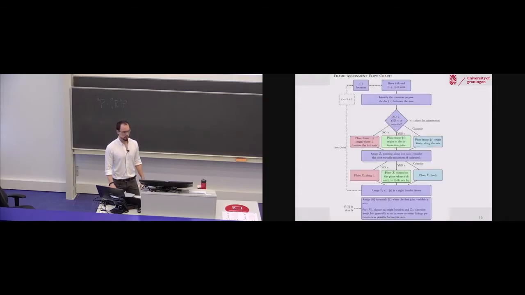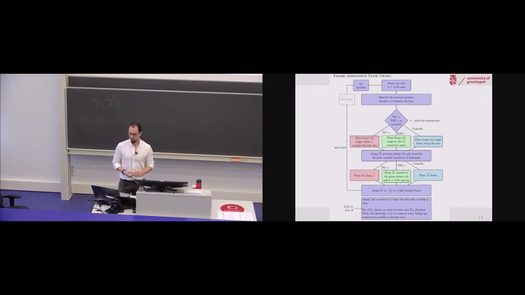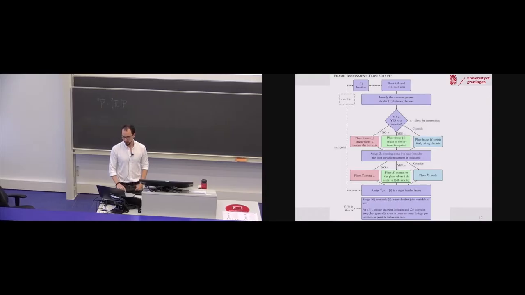And now let's go through a little bit how to assign the frames, okay, to a robotic arm. I think that the other teaching assistant already introduced to you this flow chart that I created in order to make it easier for you to assign the frames. And it works basically like this.